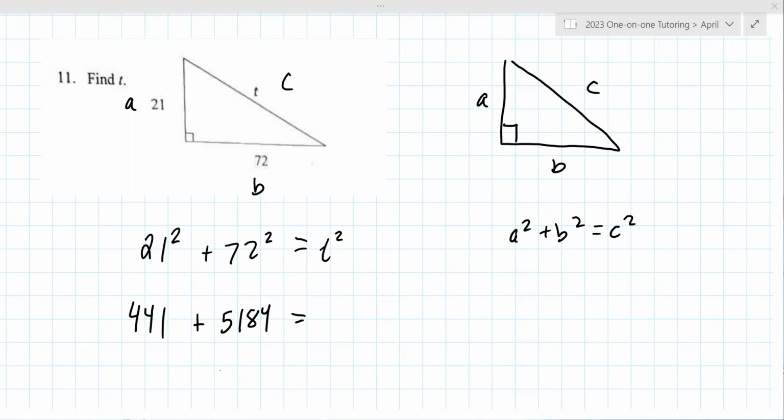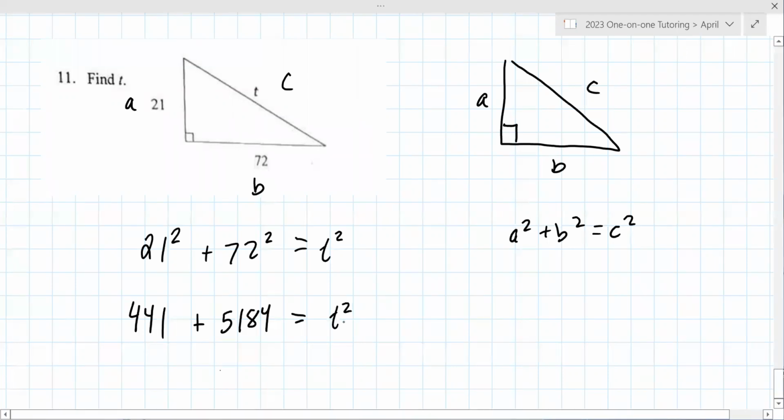Yeah, it'd be 72. Try again. So you're adding these together, right? 5,625, and then you're taking the square root of that.